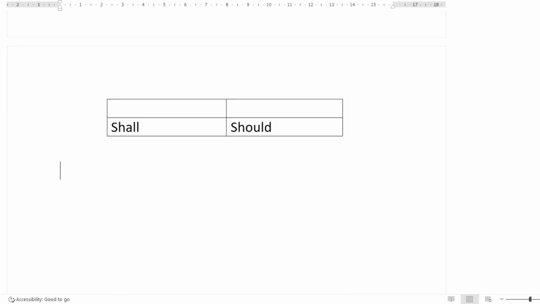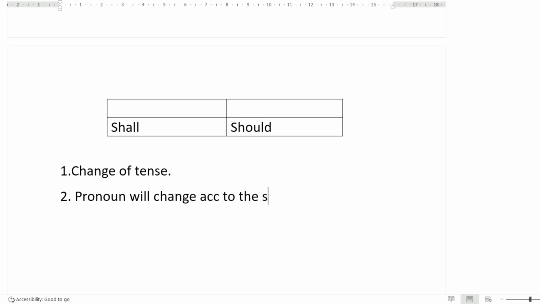So once again, what are the various changes which will take place? Number 1, change of tense. Present tense will change to past. If it is already in past, it will change to past perfect. Second thing, pronoun will change according to the speaker.